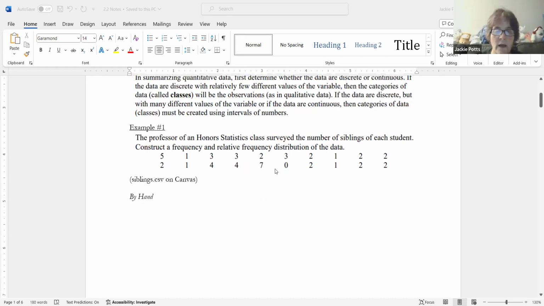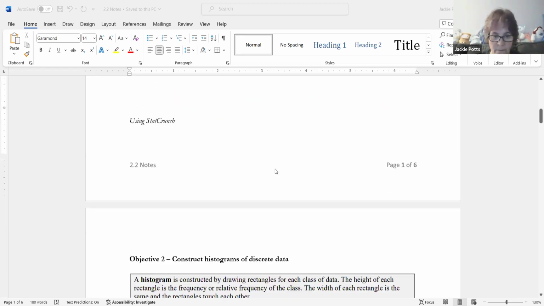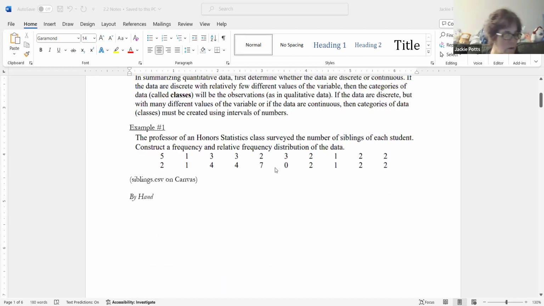So the first thing we have to do is create a histogram. Not histogram, a frequency table. Told you this is what happens. Well, I already have it.